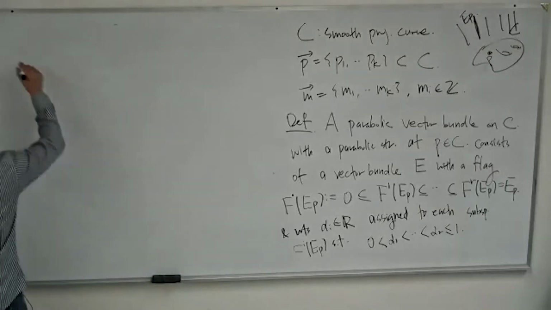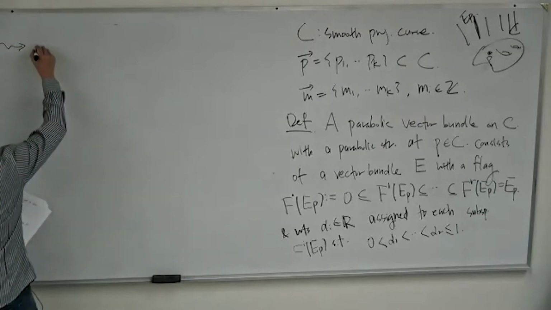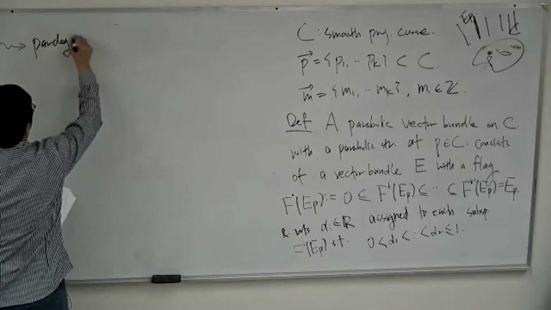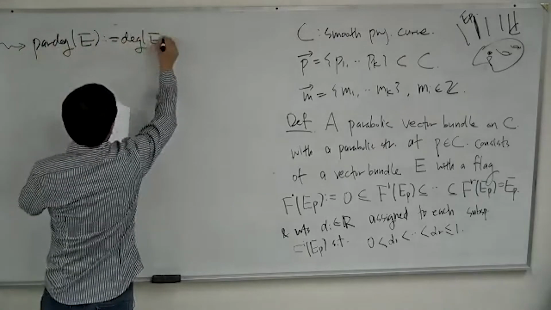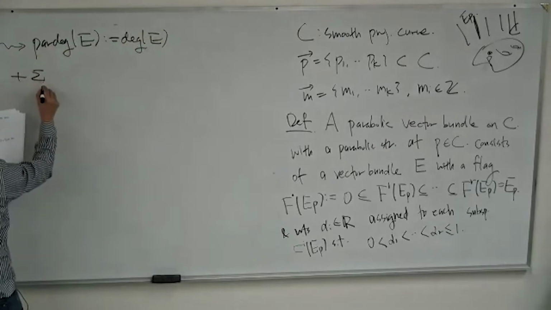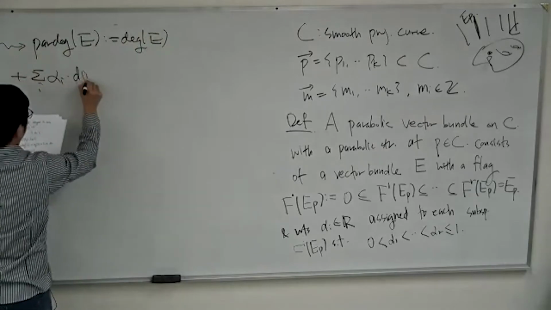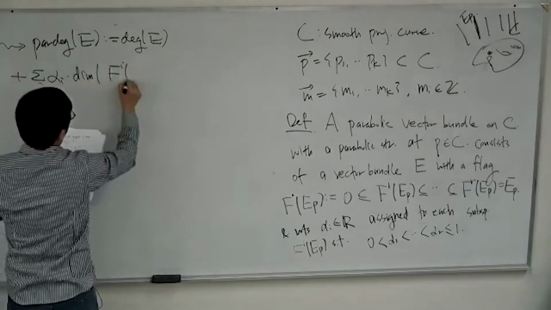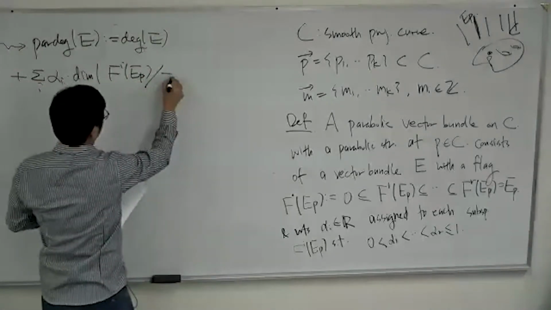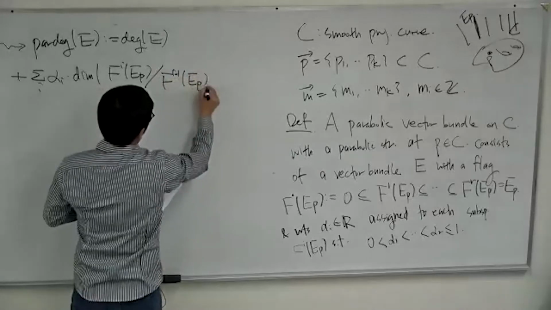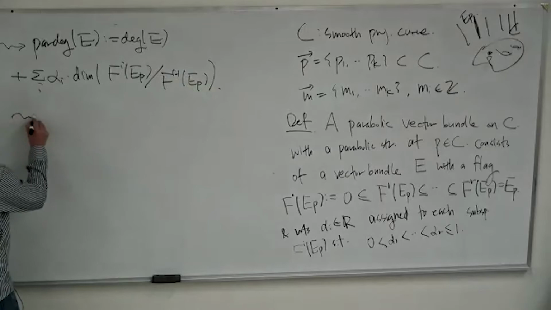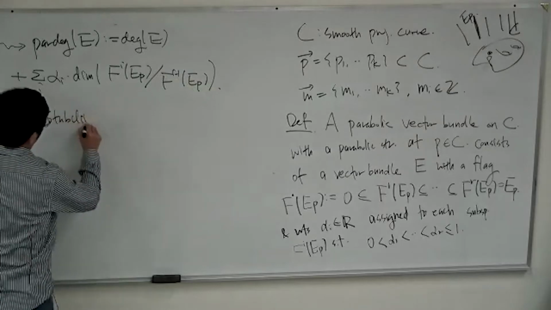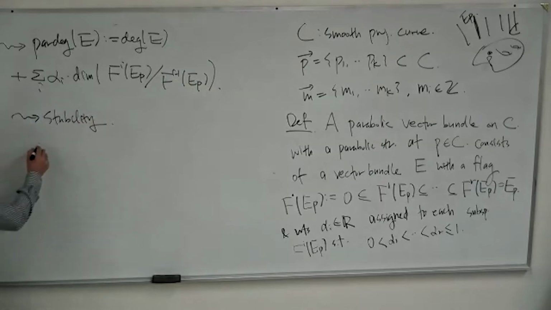In this case, I can define the parabolic degree of this vector bundle. This is nothing but the degree of E plus a slightly complicated formula: the sum of alpha_i times the dimension of F_i E_p modulo F_{i-1} E_p. Anyway, I have this notion of parabolic degree, and using this I can define stability, and a version of the Narasimhan-Seshadri theorem here.